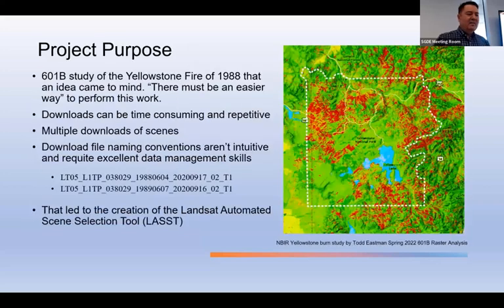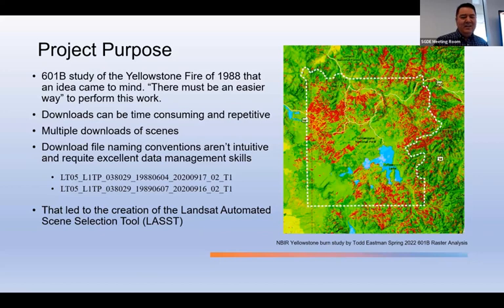During one of the grad courses here, the 6-1B, which is a raster analysis course, I was doing an analysis of the Yellowstone fire, and that required downloading scenes from the Landsat database. As you can see there on bullet 4, those are the different names of files you get to download.